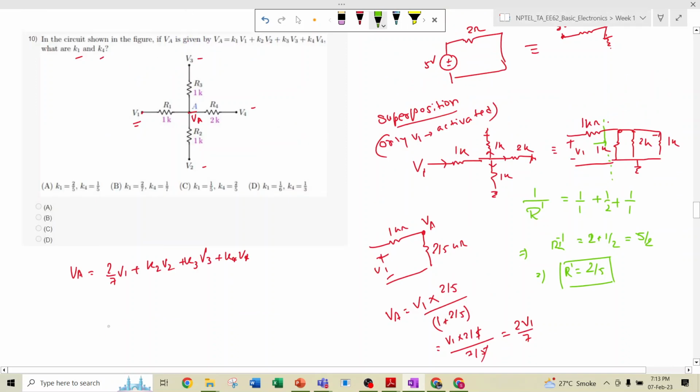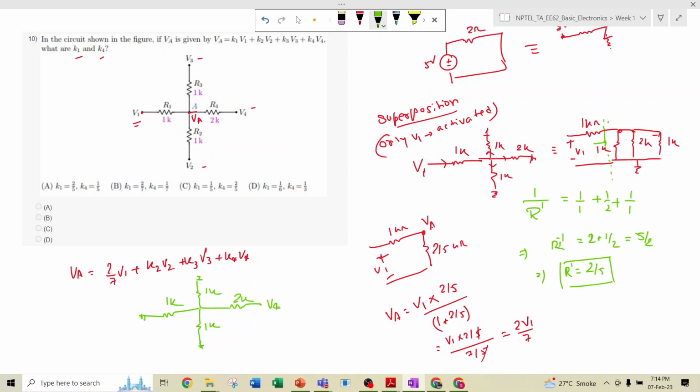So V1 is deactivated, which is 1K, here also 1K, here also 1K, and these are grounded, and here you have 2K, and here you have V4. In the similar manner, you can see this 1 kilo ohm, this 1 kilo ohm, and this 1 kilo ohm are in parallel.